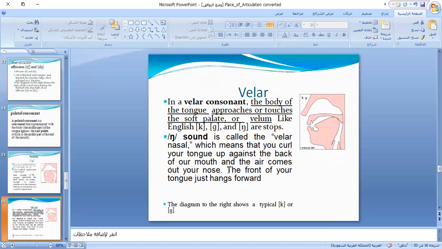That's why we call it nasal. So K and G are velars, but ng is a velar nasal because the air comes out of the nose.